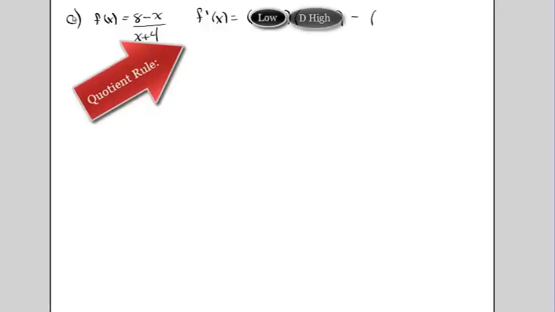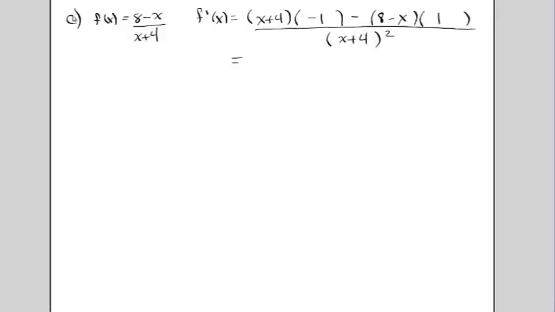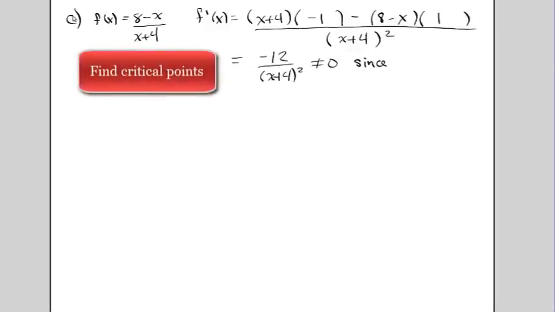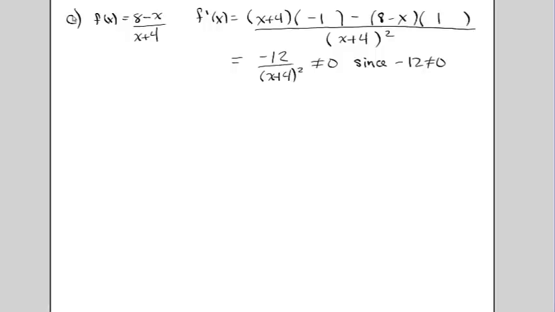So we'll have low d high minus high d low all over low low. After simplifying, we obtain negative 12 over (x plus 4) all squared. This does not equal 0 since negative 12 never equals 0. So we have no critical points.